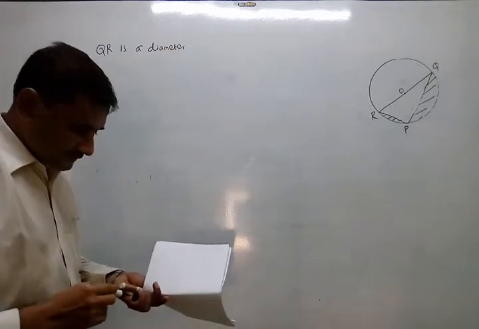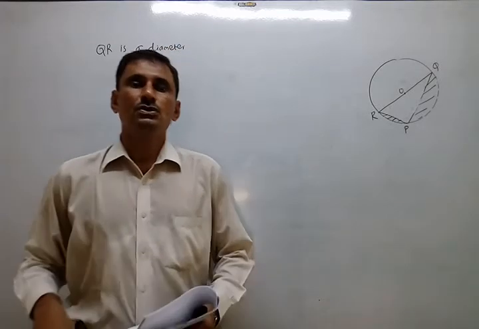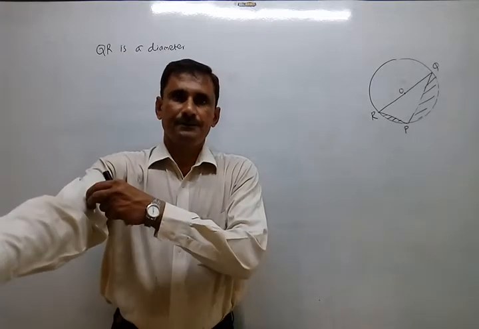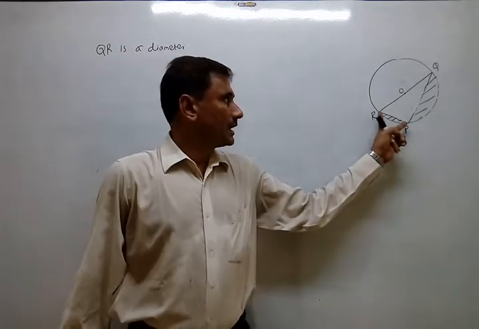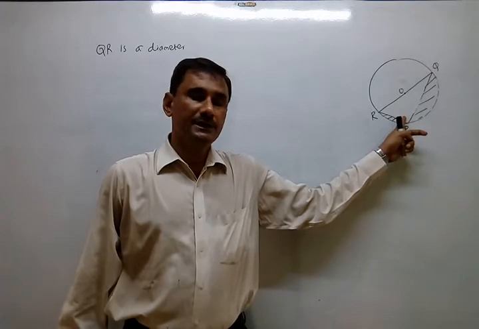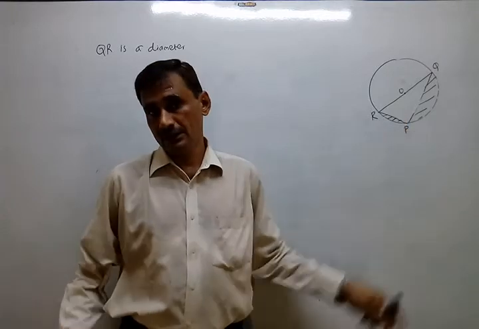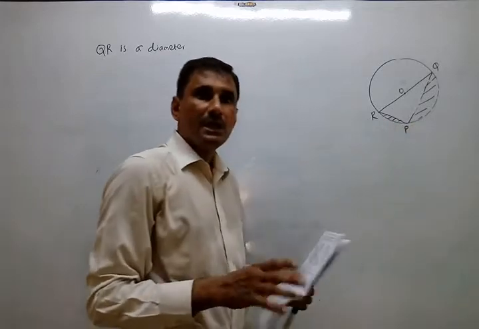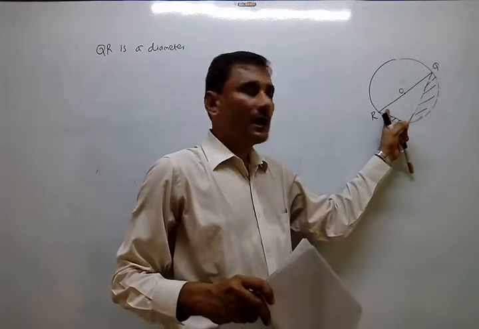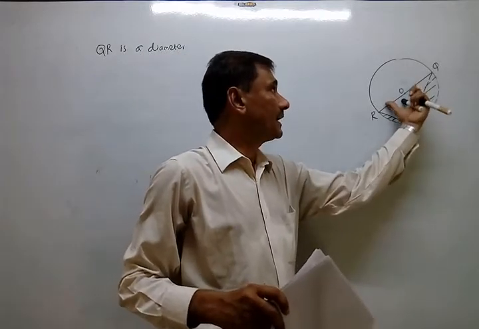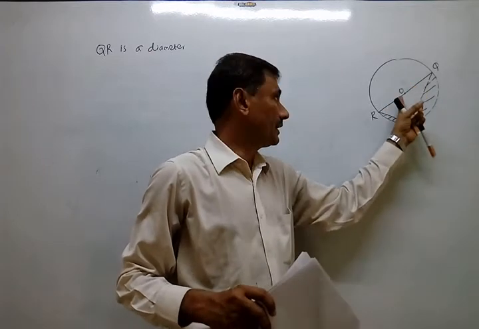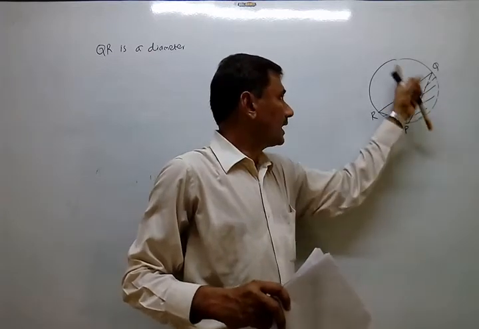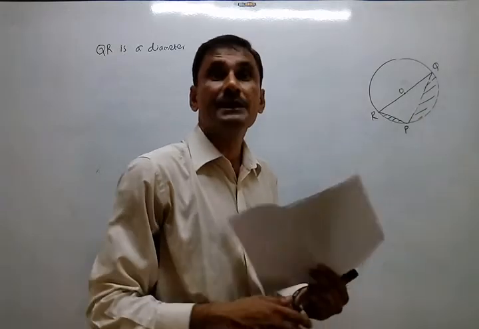Now in standard 9, you've gone through one concept that an angle inscribed in a semicircle is a right angle. Angle inscribed in a semicircle means the angle made by the diameter. The angle made by the diameter in any semicircle is a right angle.